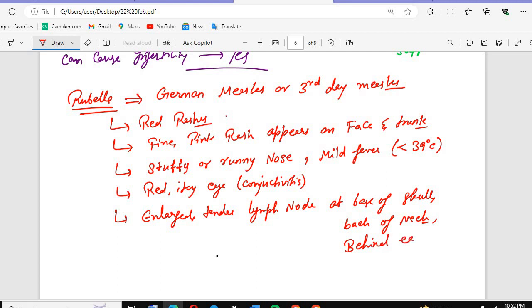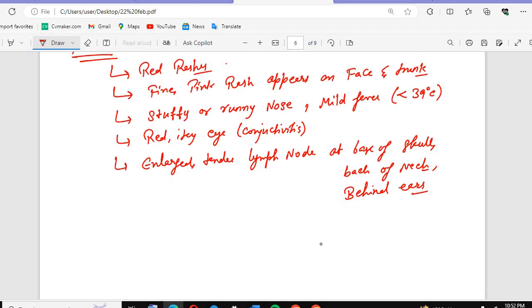The keyword can be behind the ear, or occipital lymph nodes at the base of the skull. I hope this is clear till now.